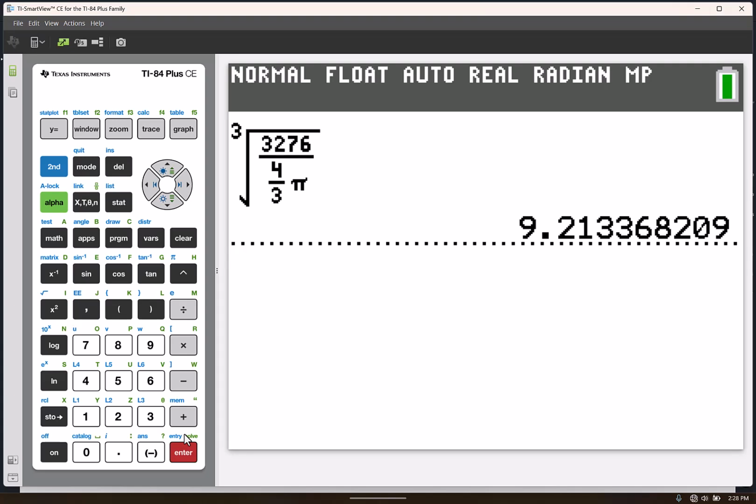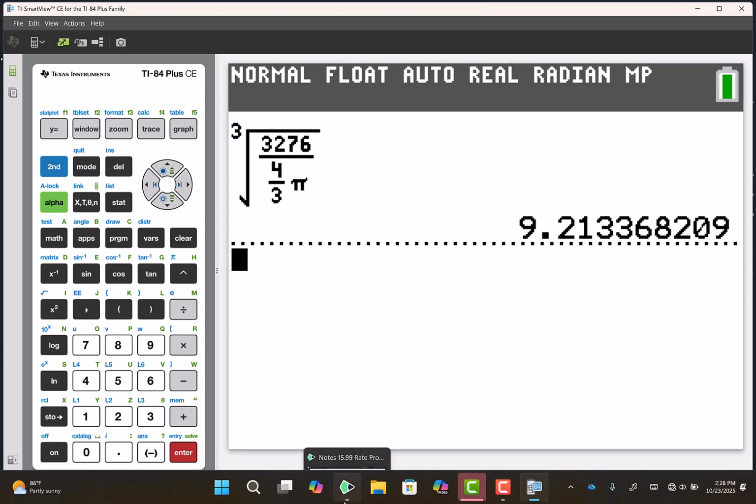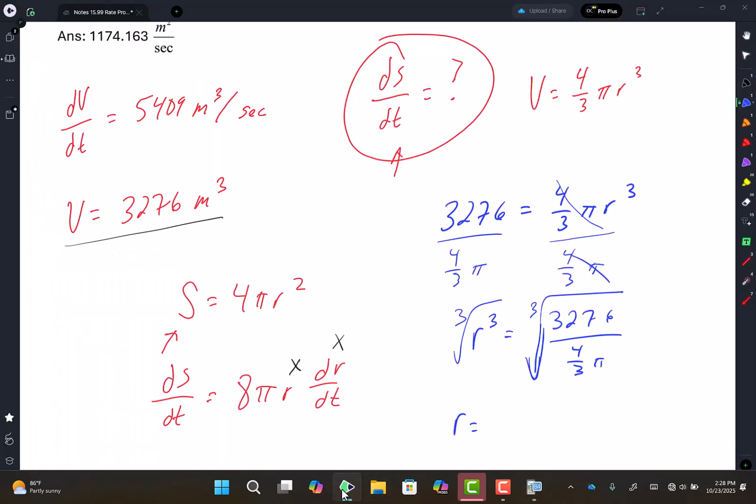There's no way the pi is going to be in the numerator. I mean, you can put 3276 times 3 divided by 4 pi. So they're just separate. The pi is going to be in the denominator. What I meant is 4 pi over 3.